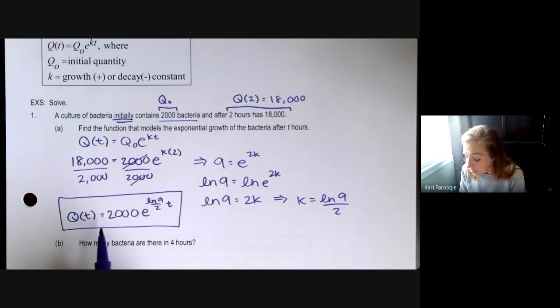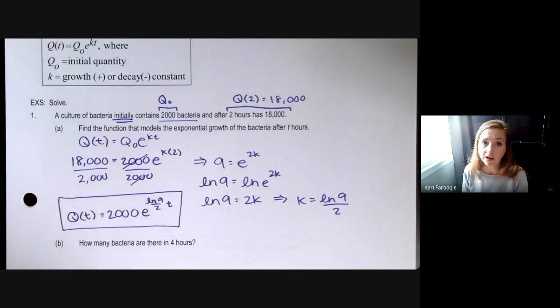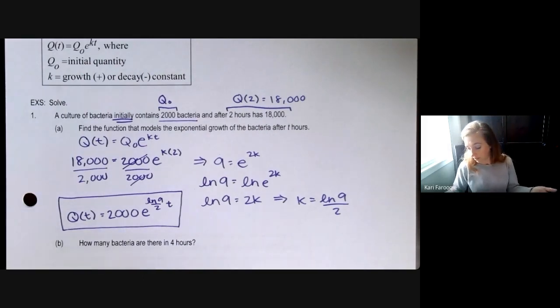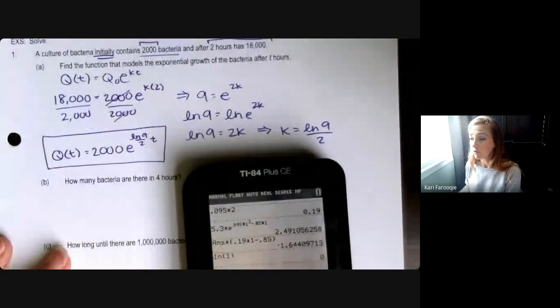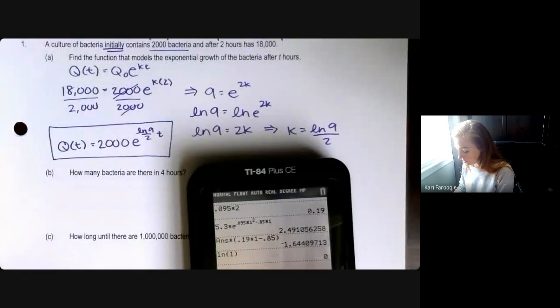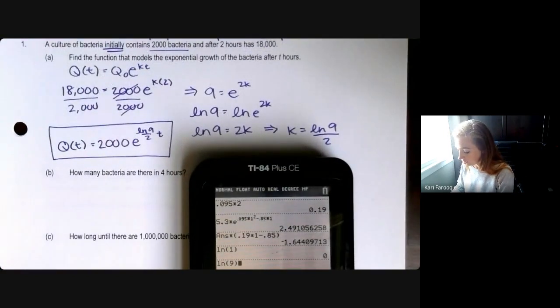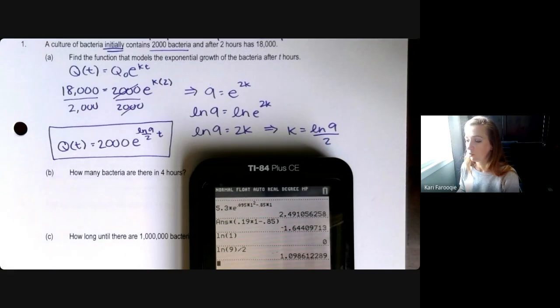Now, we used some given information to find a model that represents the data for this exponential growth. And if you're not sure how you would know if it's growth and not decay, remember that we're looking at a value of k that's positive in this case. If you're not sure, take your ln 9 and divide it by 2, and you do indeed get a positive value. But it's also bacteria. The bacteria is just going to multiply.